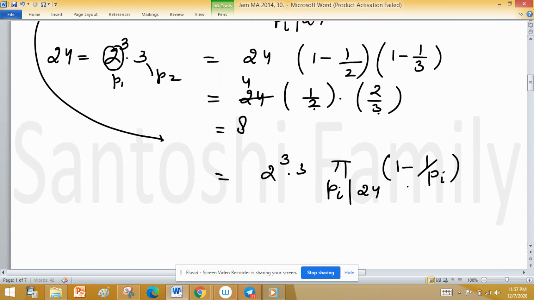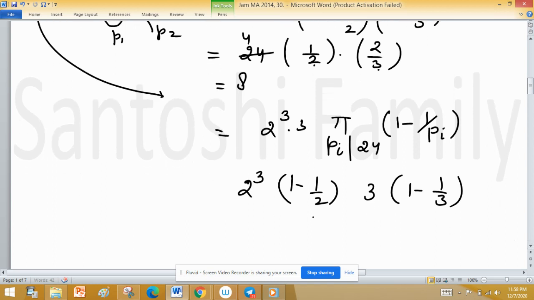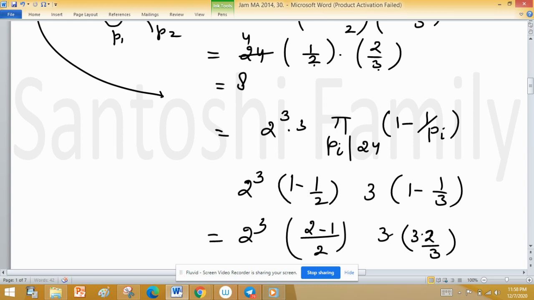Now if we write 1 minus 1 upon 2 and 1 minus 1 upon 3, with 2 raised to the power 3 here and 3 here, then it will be 2 minus 1 upon 2, with 2 raised to the power 3, and 2 upon 3, or 3 minus 1.